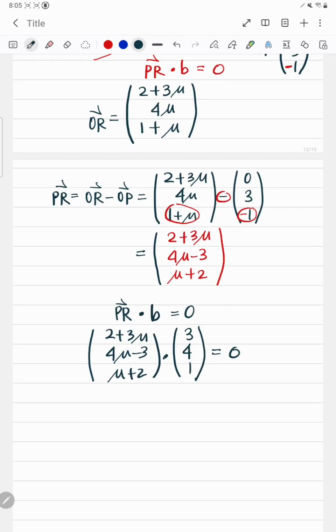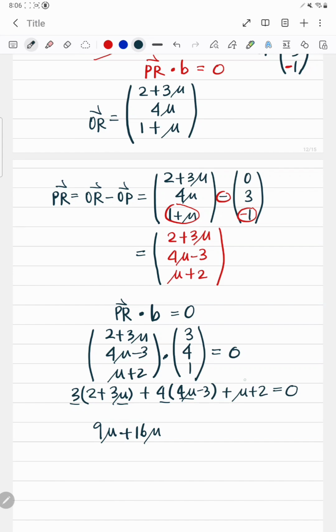Trying to find the dot product here: 3 times (2 plus 3 mu), plus 4 times (4 mu minus 3), followed by 1 times (mu plus 2), equals 0. 3 times 3 mu is 9 mu, 4 times 4 mu is 16 mu, and we have another mu.